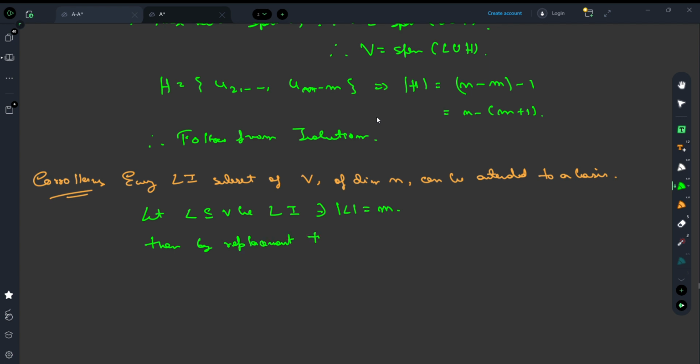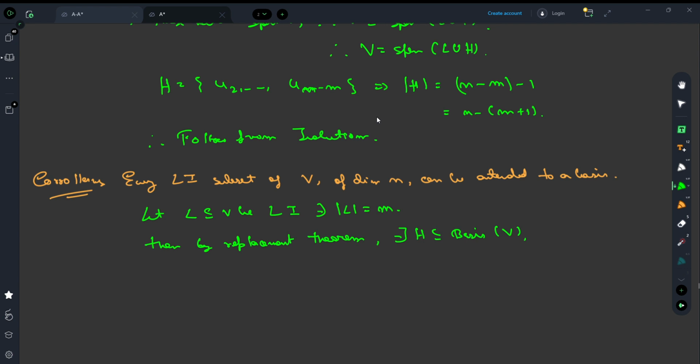Then by the replacement theorem, there exists a set H in the basis of V, because I can replace G in the replacement theorem by a basis of V. When we stated the replacement theorem, nowhere did we discuss the finite dimensionality of V. So we had chosen G to be an arbitrary generating set.